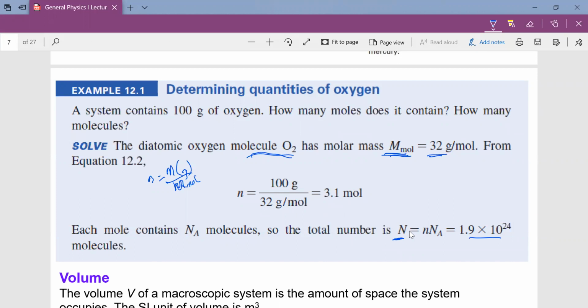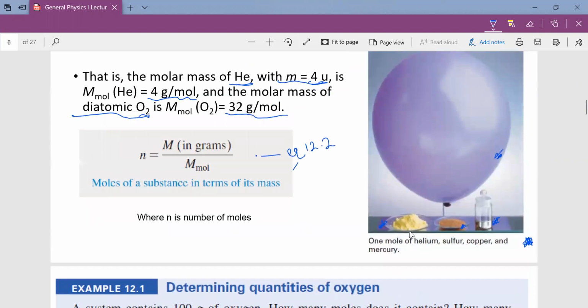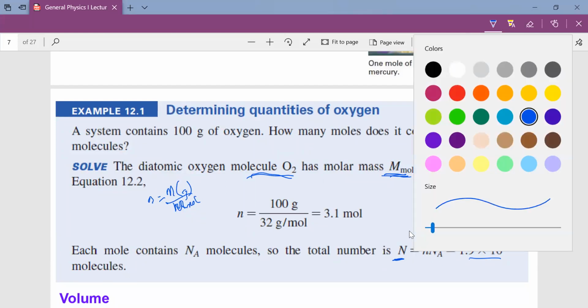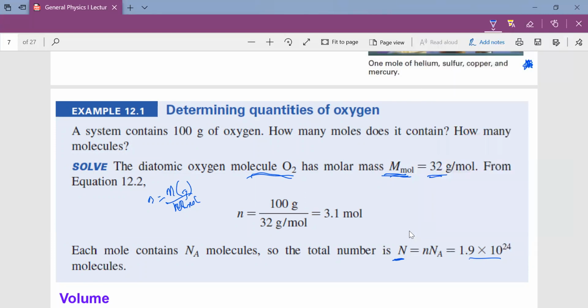So from this equation that we just saw here, that is the equation that says the mass in gram over the mole. I know some of us will not see it, that's what I wrote there.